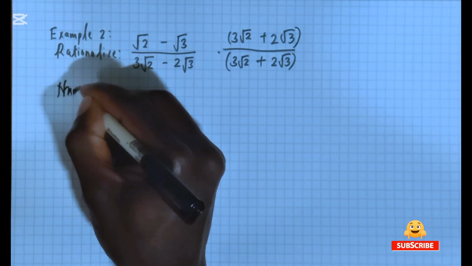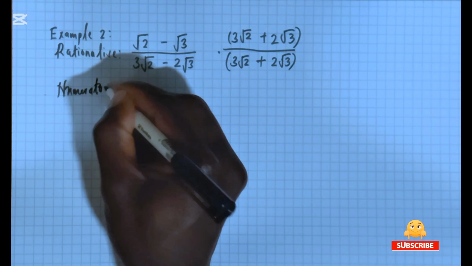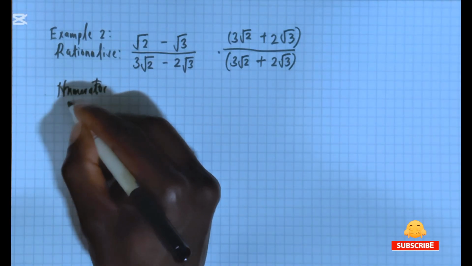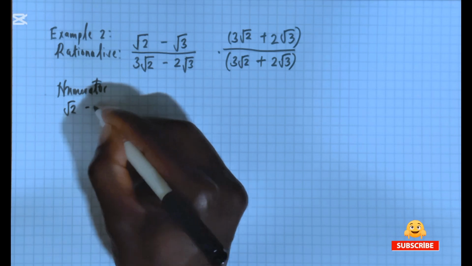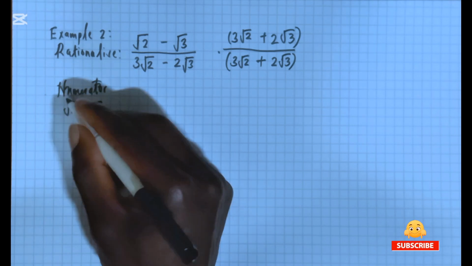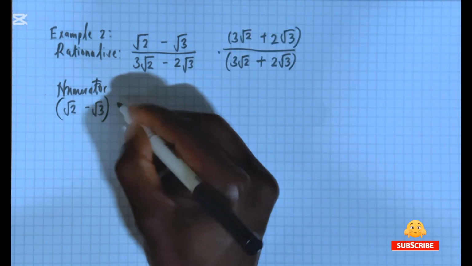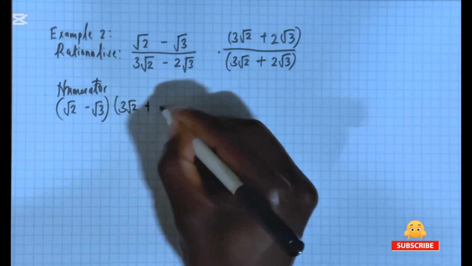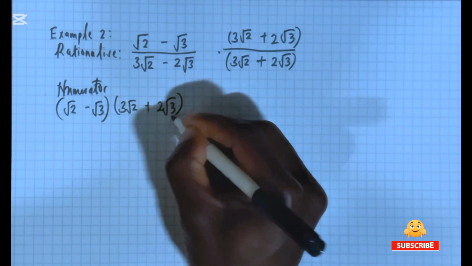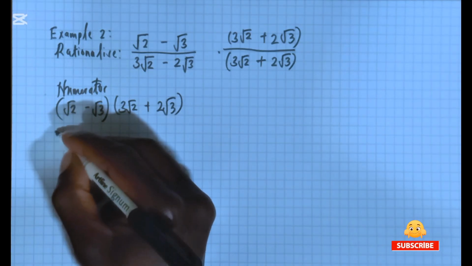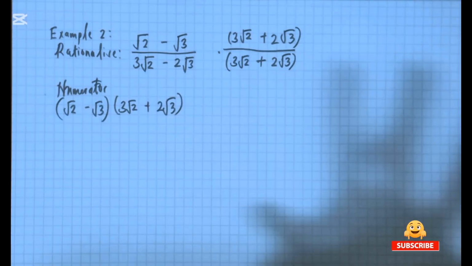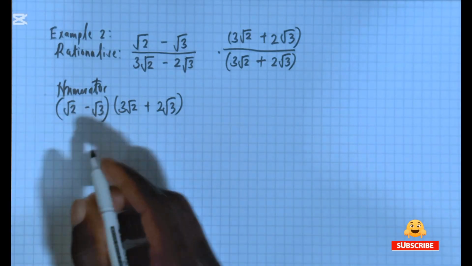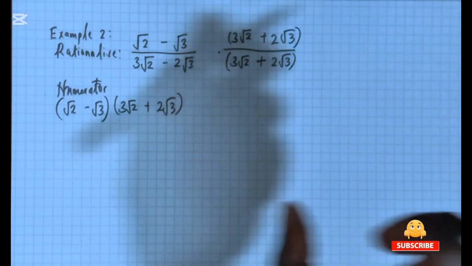So starting us off with the numerator, we are going to have root 2 minus root 3, multiplying our conjugate, that's going to be 3 root 2 plus 2 root 3 there, of course. We're going to expand it the same way we expand any algebraic factorized bracket.